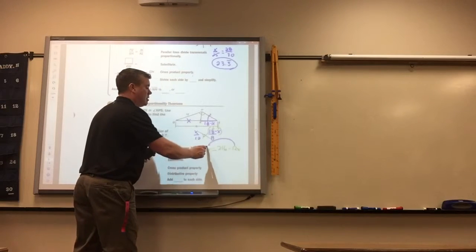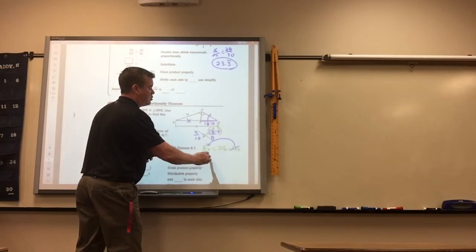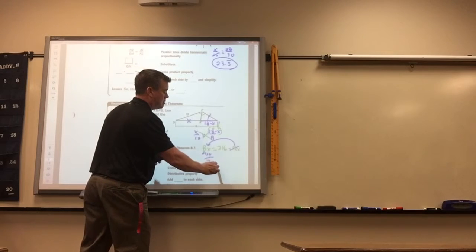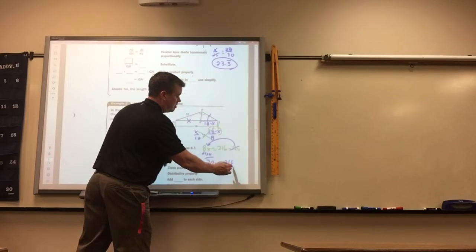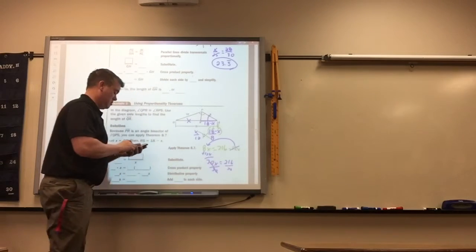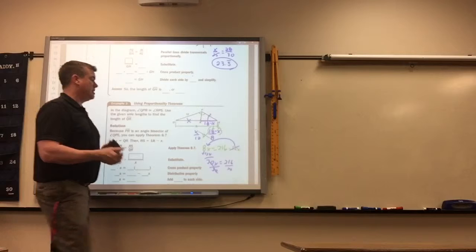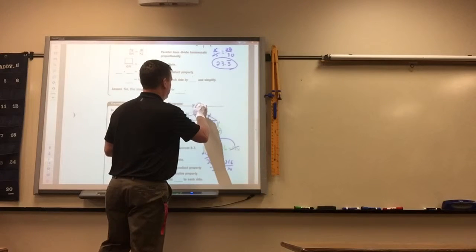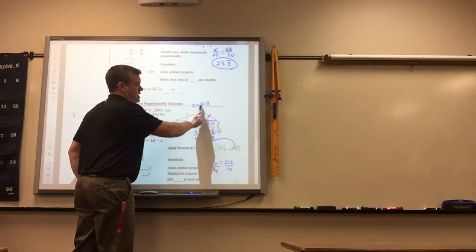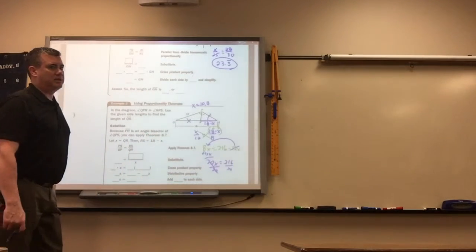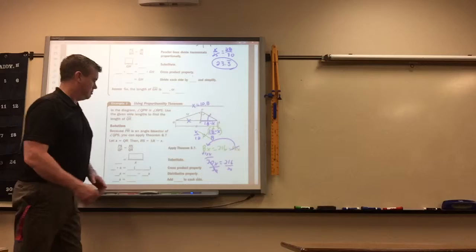So to solve it, it's a minus 12X, so you add 12X. And then divide by 20. And you get 10.8. So if they were asking for this one, you just take 18 minus 10.8, be 7.2.